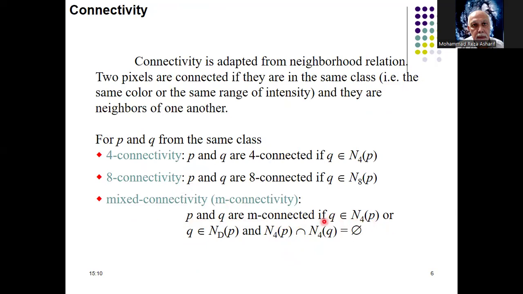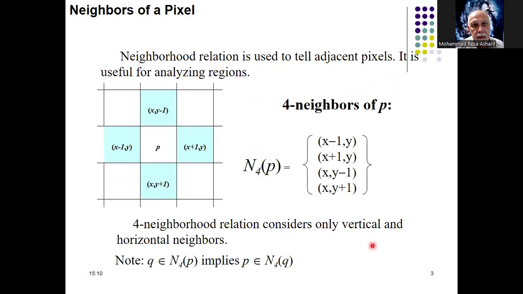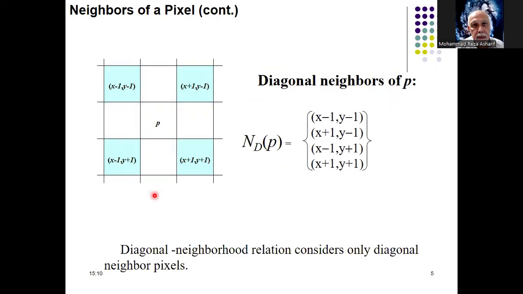Once again, if Q is included in N4(P), and also Q is in ND(P), it's like this: P is 4 and Q is D. The neighbors of N4 are this set of elements, and the neighbors of D are these elements.